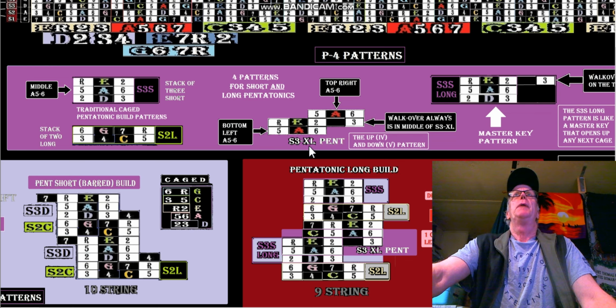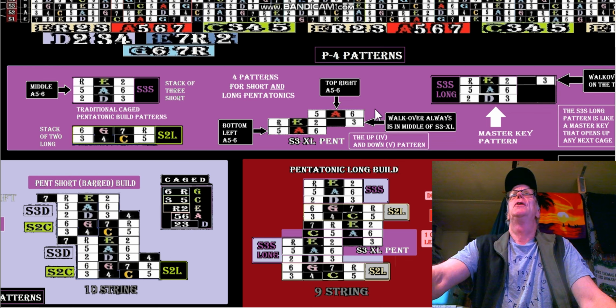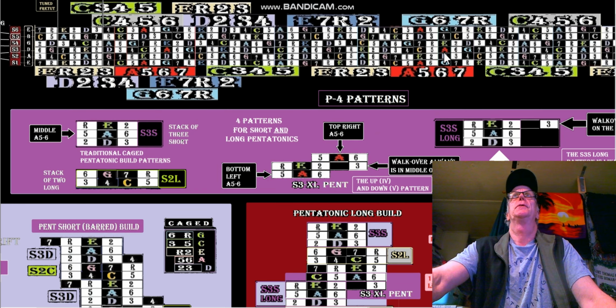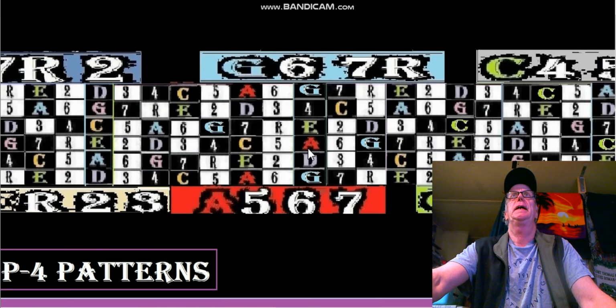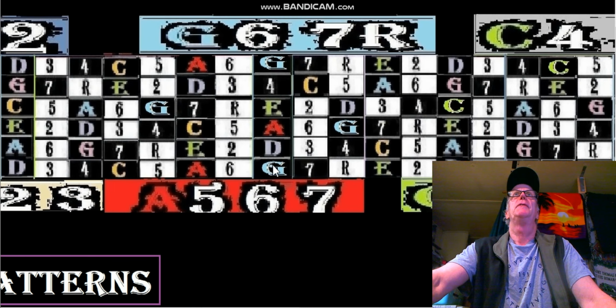So in the long pattern, as we saw before, we have 5, 6, 7, root 2, 3, 4, 5, 6. You have that up here in any one of these builds, so we can look at it in the A box. 5, 6, 7, root 2, 3, 4, 5, 6.